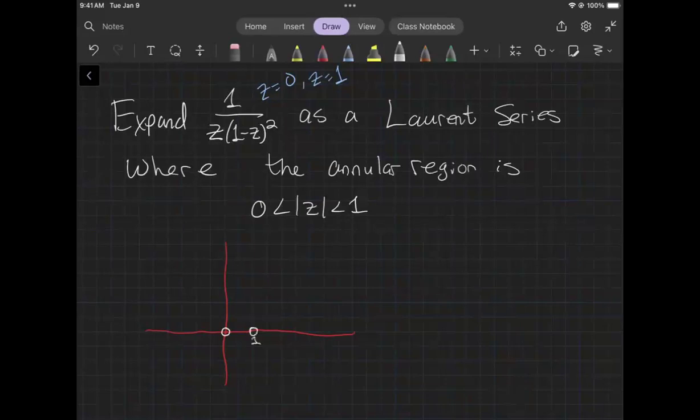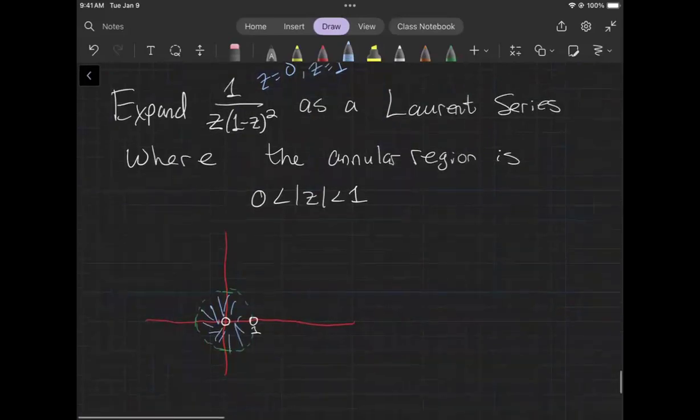So we know our punctured disk will look like a circle of radius 1, every point in that circle except at the origin, right?